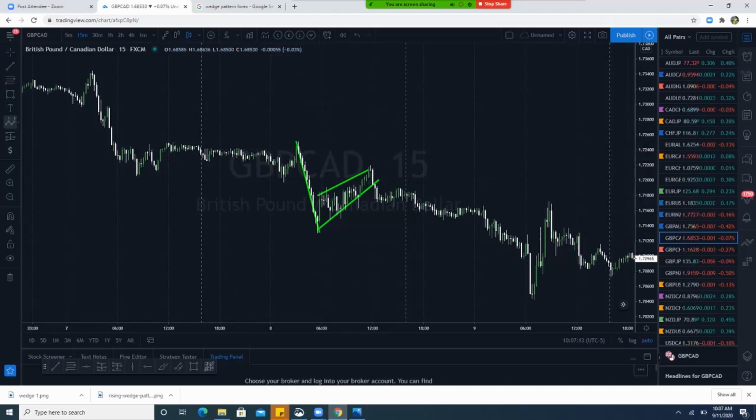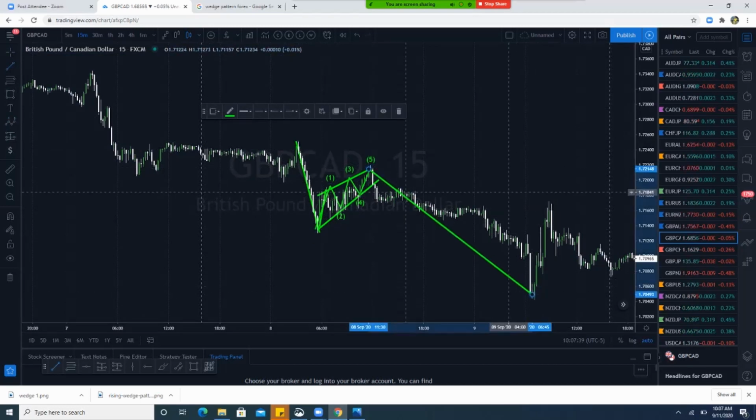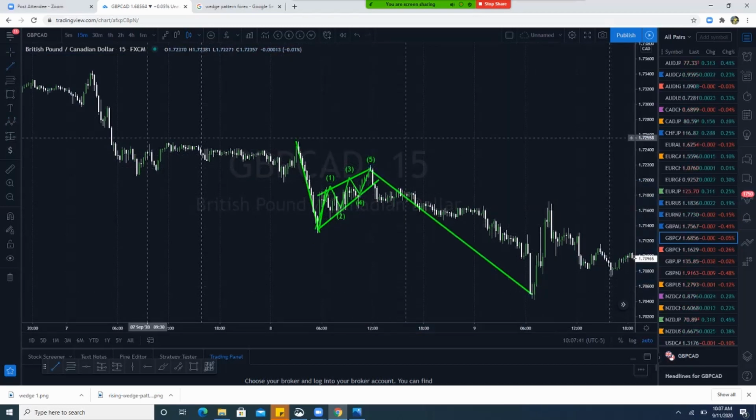The same rules apply. You're going to get the higher highs and higher lows, but then you're going to get that move down. That would be a continuation wedge.